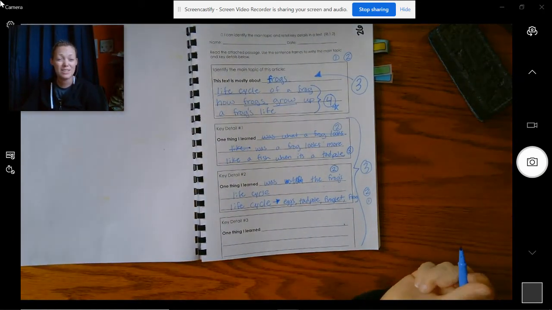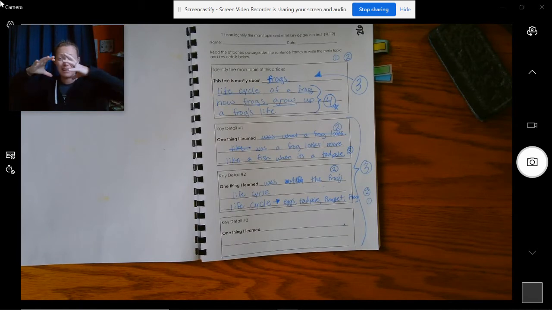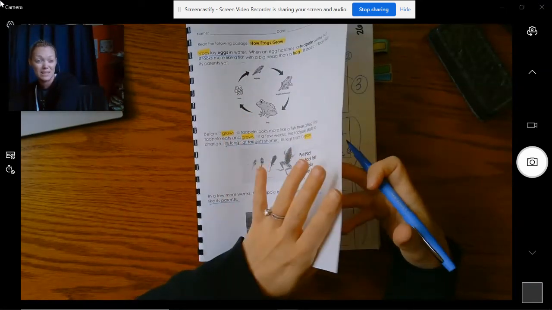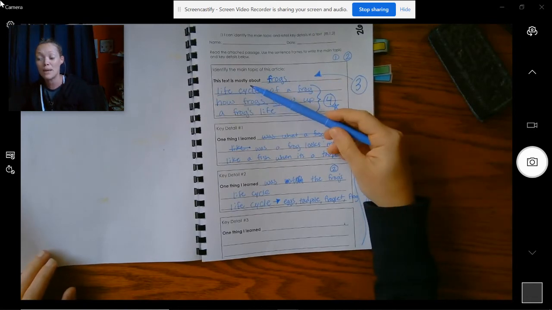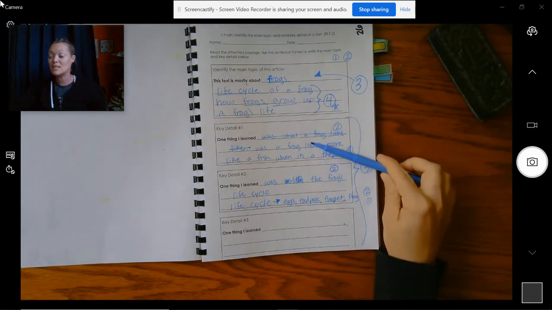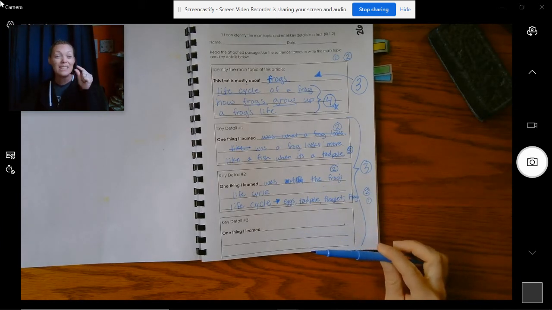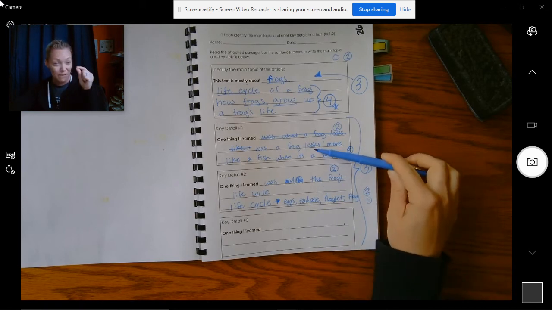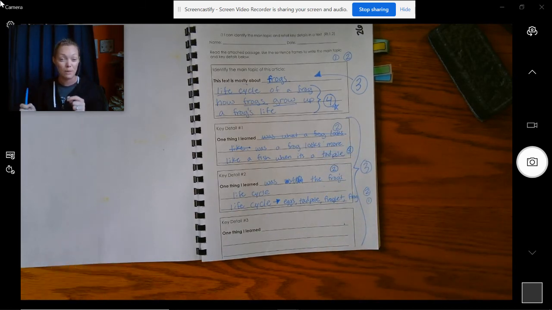So instead of just saying a big idea, life cycle, what about the life cycle? Those key details are things that you should be taking directly from this text. Main topic, or what it's mostly about, gives me the big idea. These ones give me very specific details, very specific facts that you can get from the text.